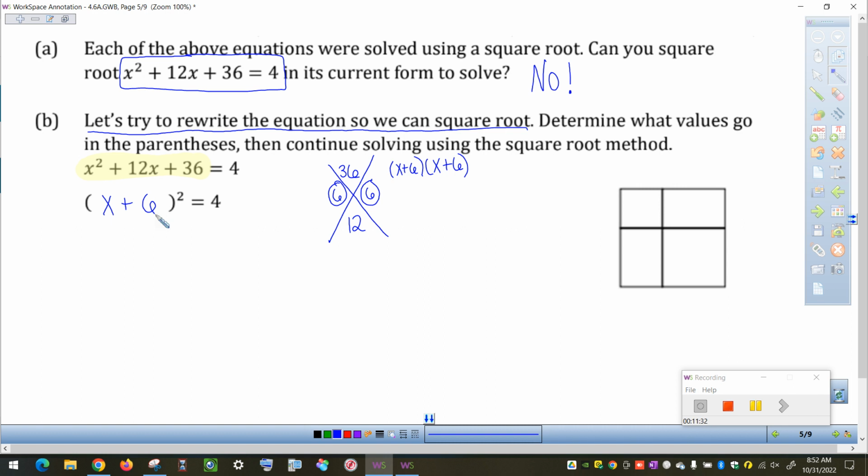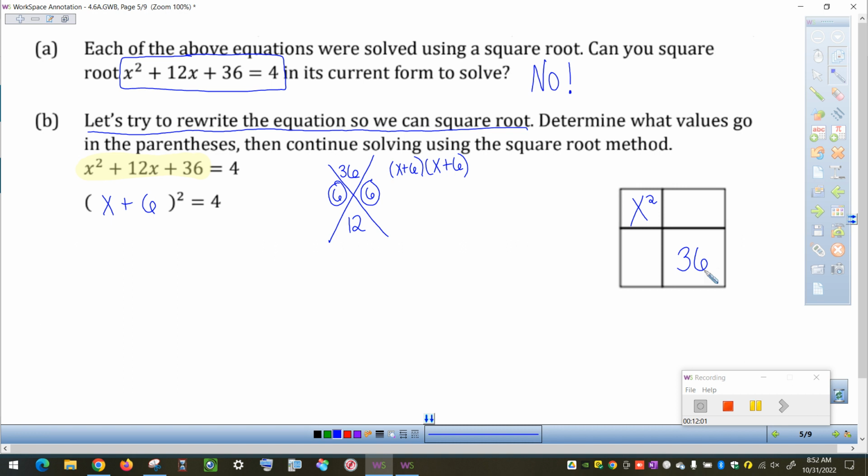Another way that you can think about getting this factored is going over here to this rectangular box and taking the pieces that are highlighted in yellow and filling them in the inside little squares. So the x squared is always going to go up here in the upper left corner. The number at the end, the 36 in this case, is always going to go down in the lower right corner. And then we need to think about the middle term.